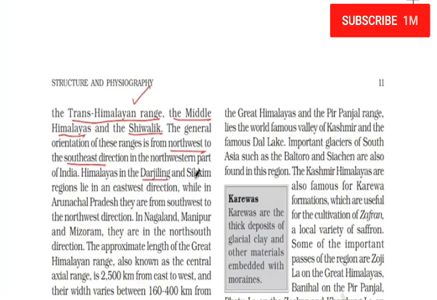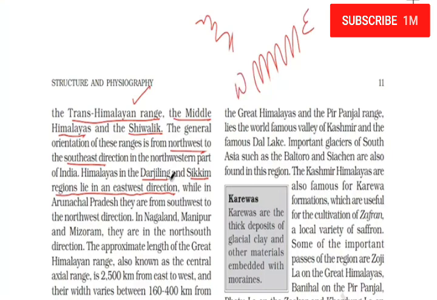Himalayas in the Darjeeling and Sikkim regions lie in the east-west direction, right. That is, they are moving like this, east to west, only near Darjeeling and Sikkim. While in Arunachal Pradesh, they are from southwest to northeast.